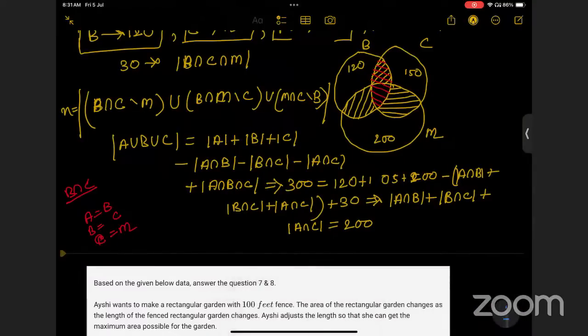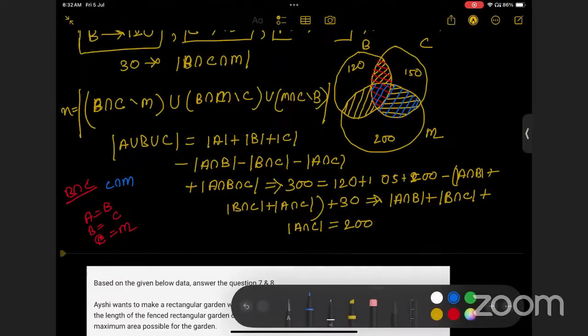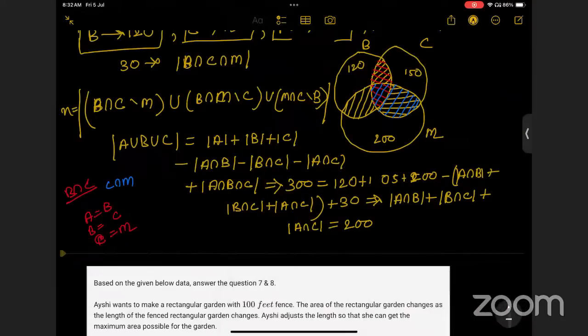Again, if we consider C intersection M, so C intersection M is this portion, right? And if we take B intersection M, then it will be this portion, right?